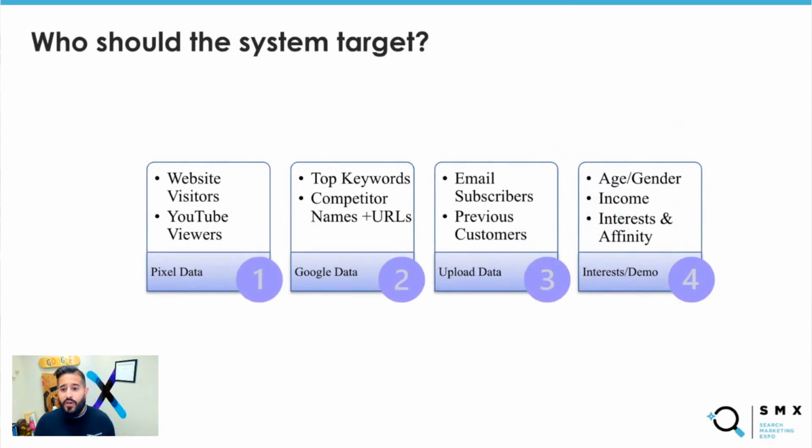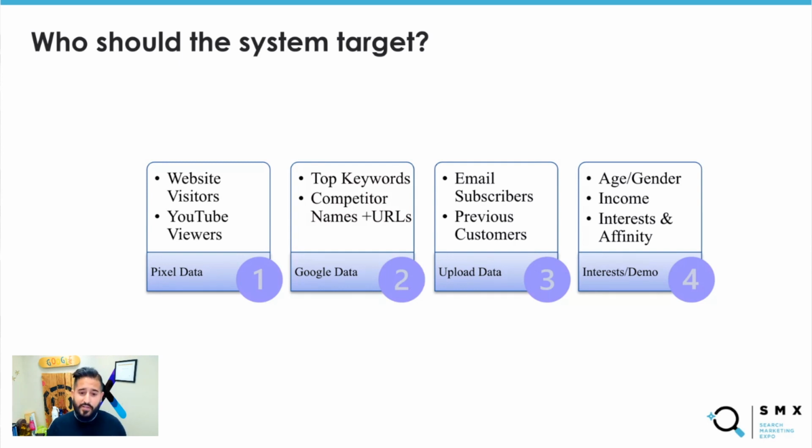So there are 4 types of audience signals that you can create. For lead gen campaigns, I highly recommend focusing on your data. So I break these down into 4 groups. You have the pixel data, which is from the Google Ads pixel. You're tracking people who visit your website. You're able to retarget people who viewed your YouTube campaigns and so on.